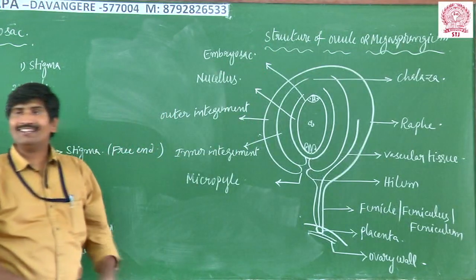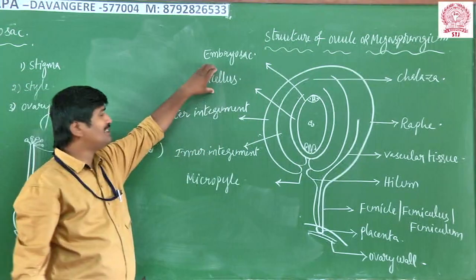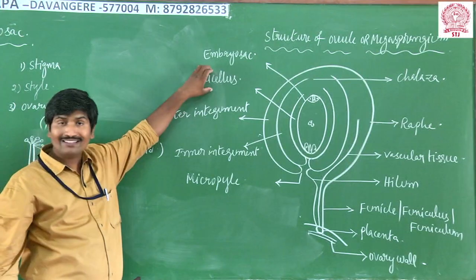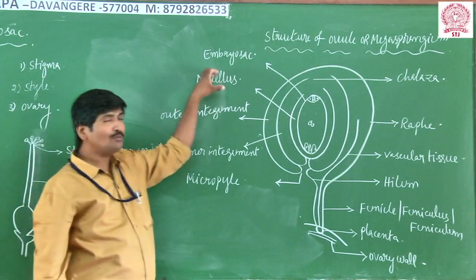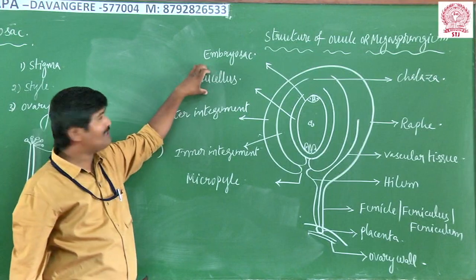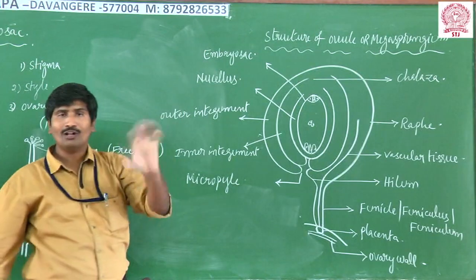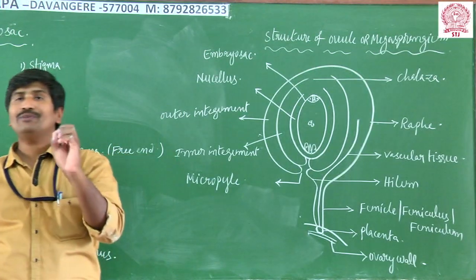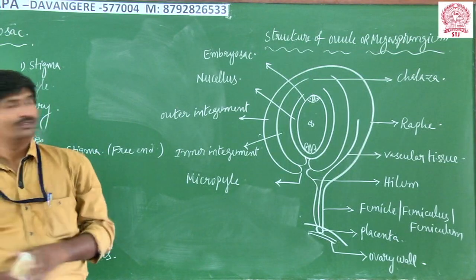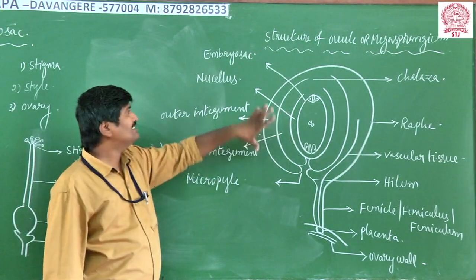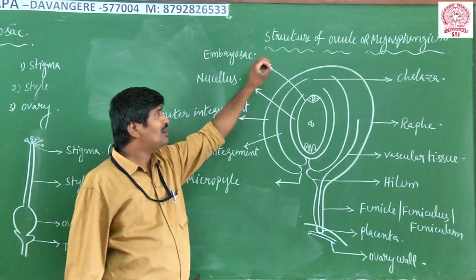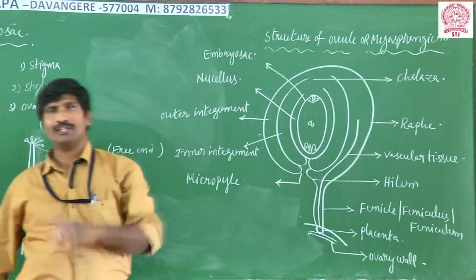The embryo sac is located in the central portion of the nucellus. Nucellus is a nutrient tissue. The food material is taken from the nucellus and the embryo sac develops into a mature female gametophyte. So this is the structure of the ovule or Megasporangium.